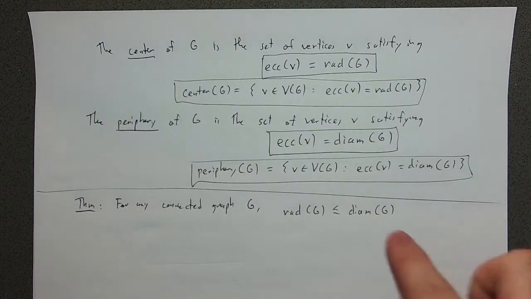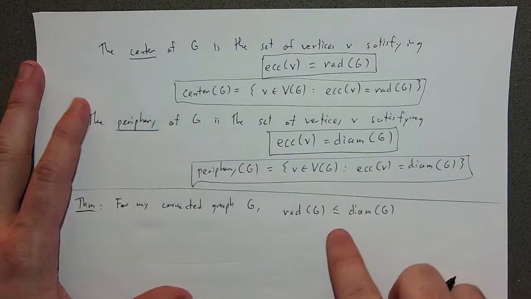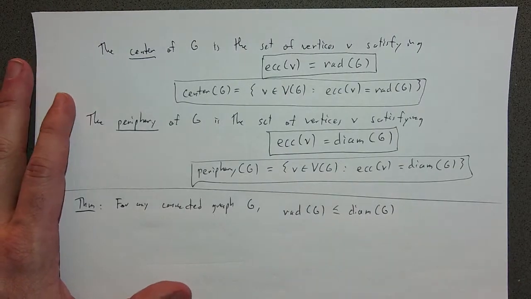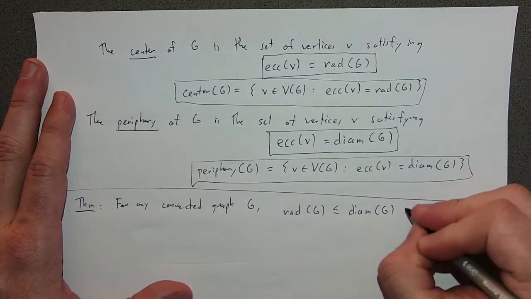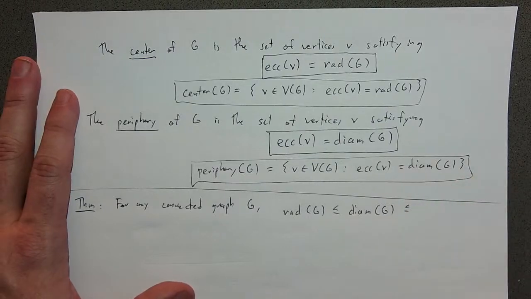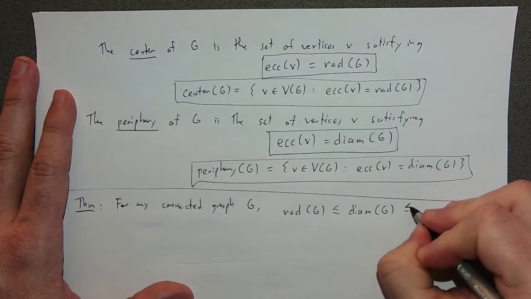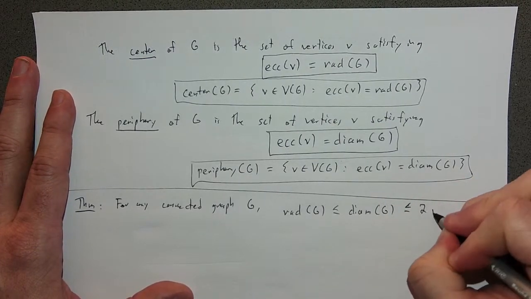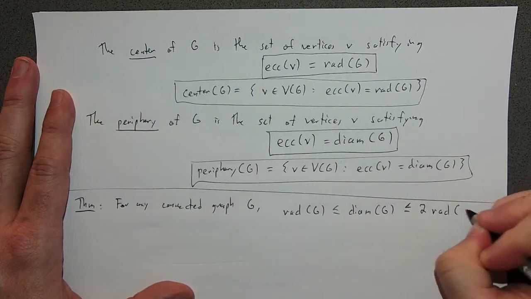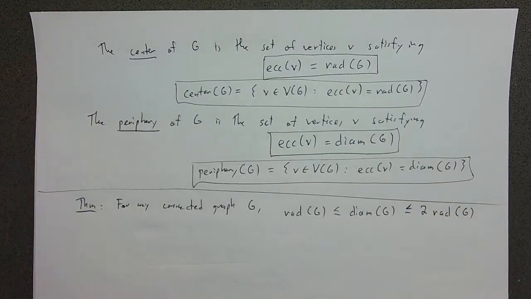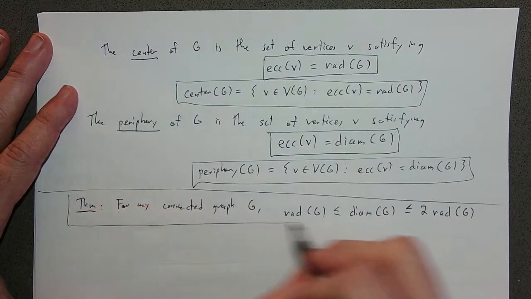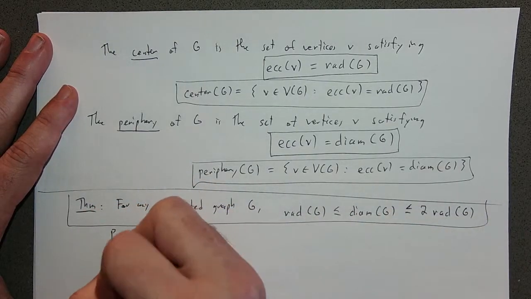And the diameter itself is less than or equal to 2 times the radius. So here are bounds for both the radius and the diameter. This is a short proof, which I'm going to give in a second.